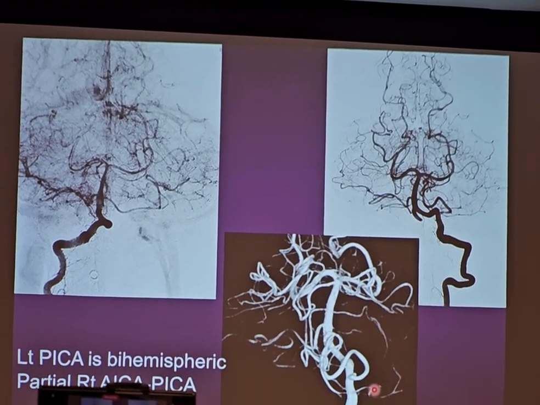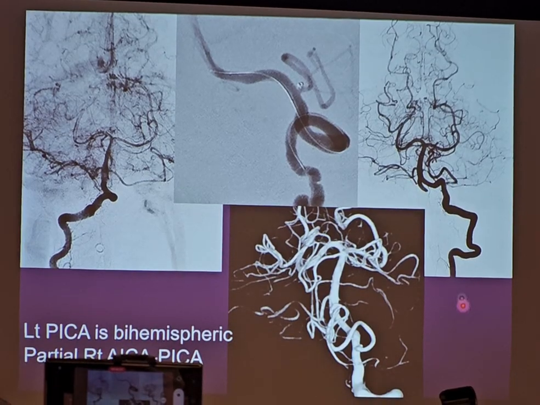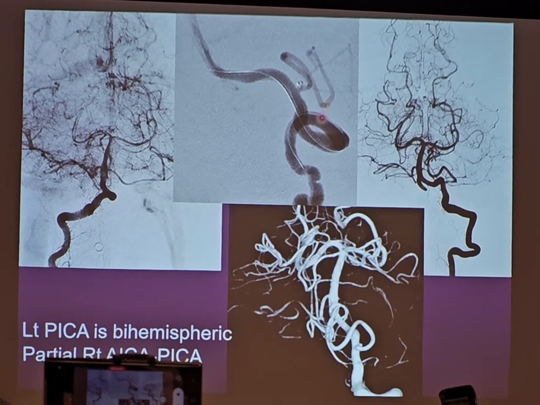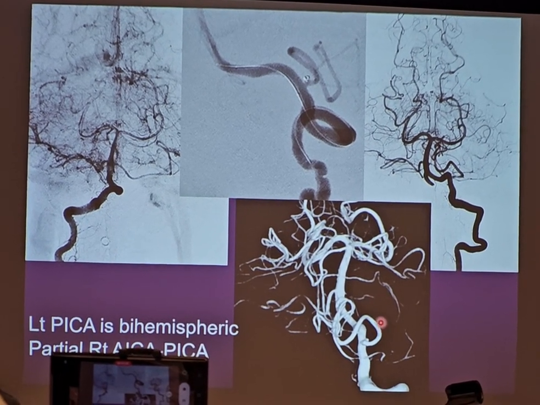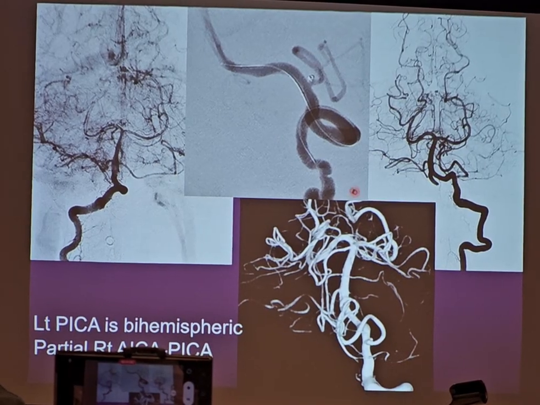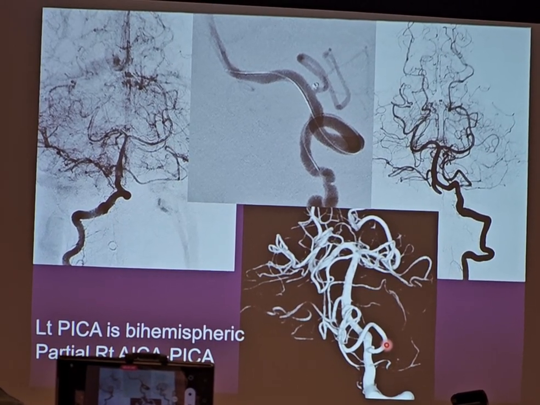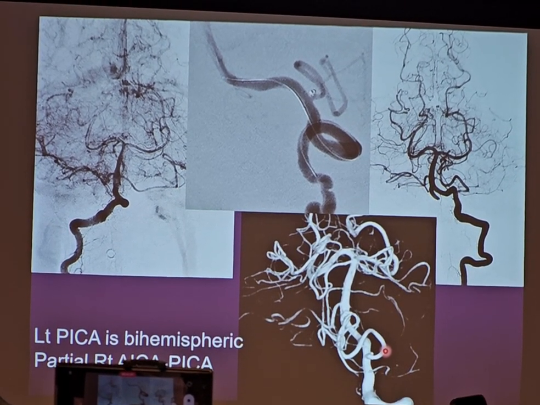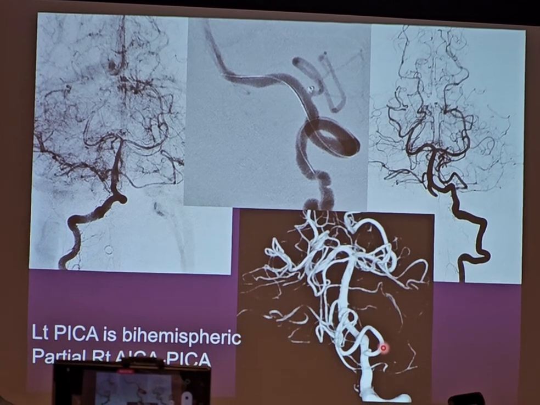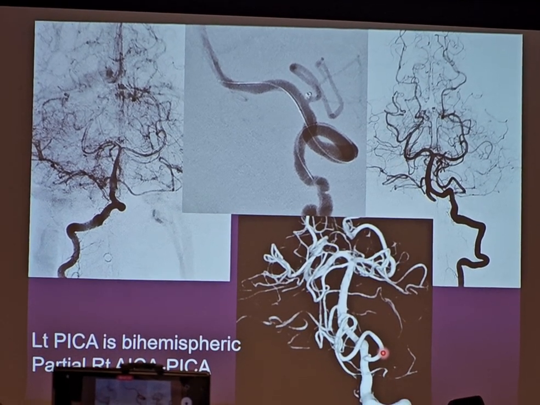So for the treatment, make sure that you preserve whatever the system, even if it's quite a challenge to not sacrifice it, because most of these aneurysms are dissecting in nature.